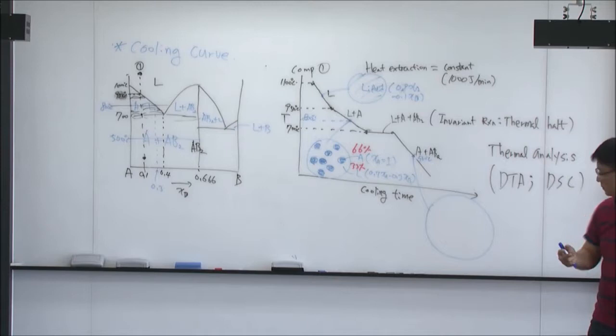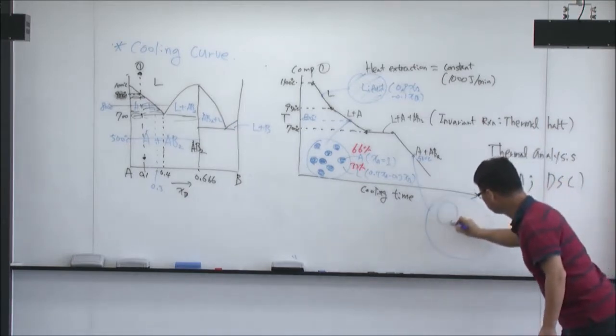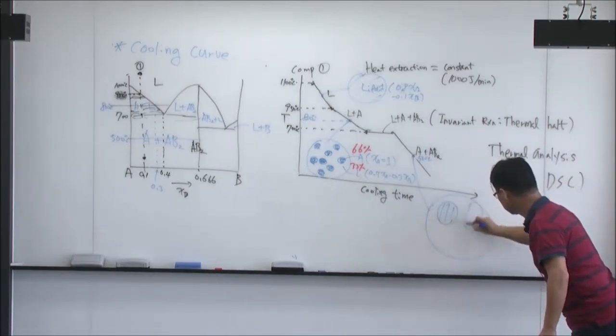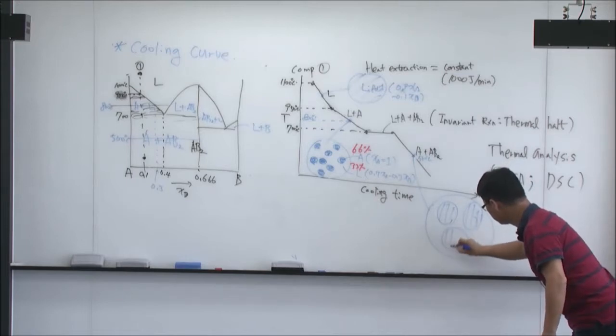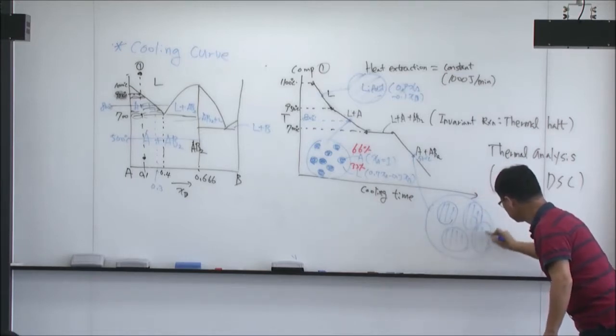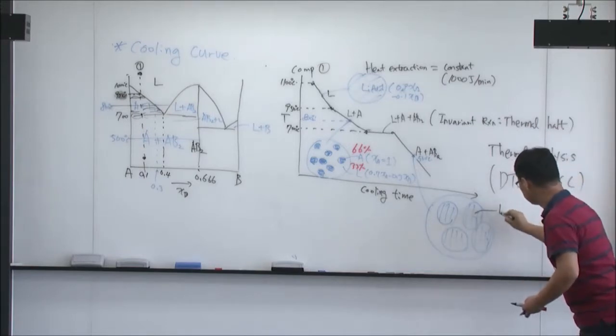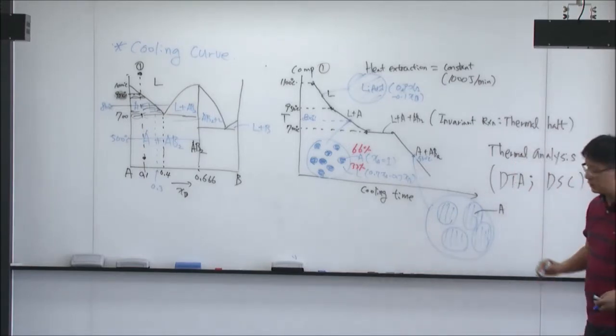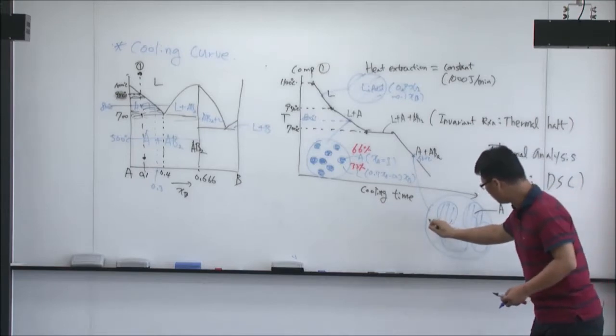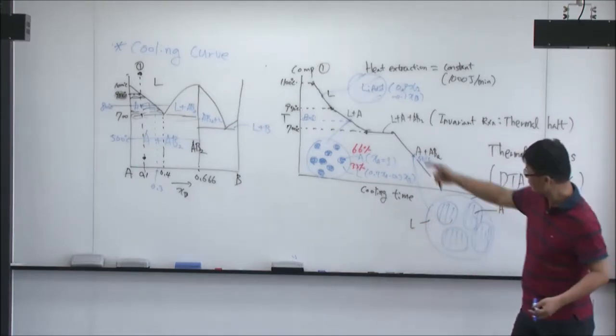Am I right? So theoretically, this is A phase. And the rest of them was originally liquid phase before the eutectic.